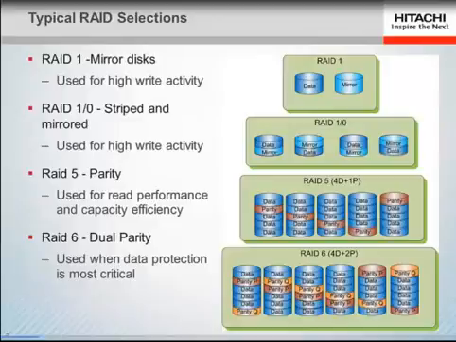RAID 5 is using parity. RAID 5 also uses a stripe. So in the example we're showing here, which is typically called 4 data plus 1 parity, what we have is 5 drives. Notice the parity is on no one specific drive, that we write a stripe of 4 blocks of data and then calculate parity for that.